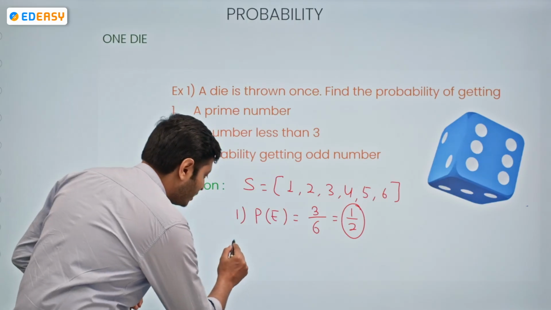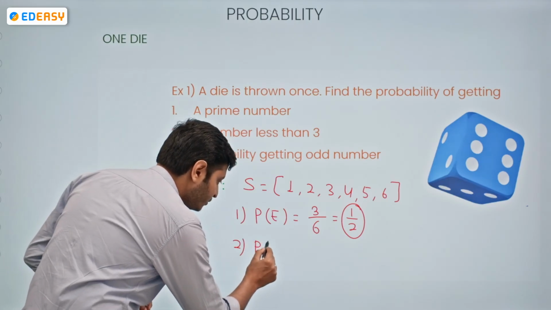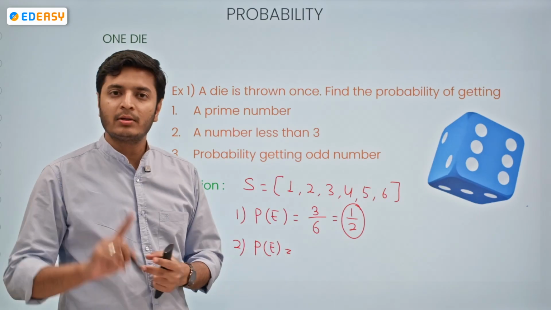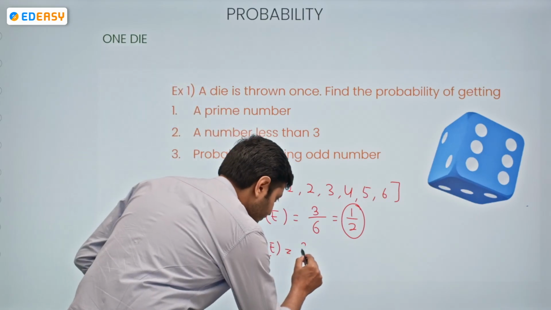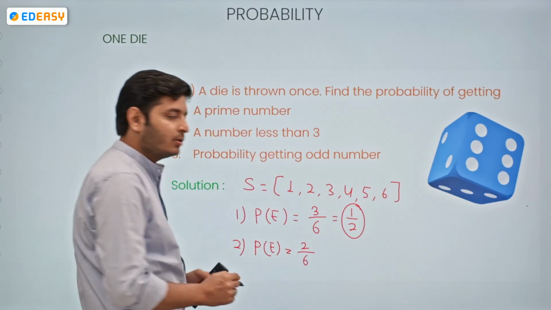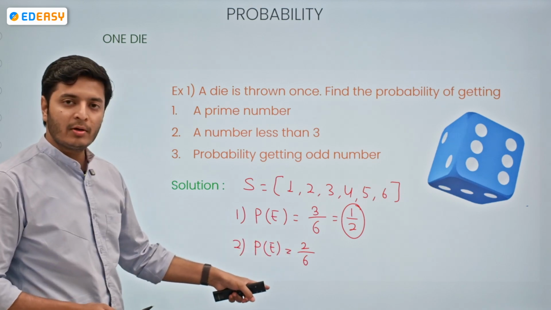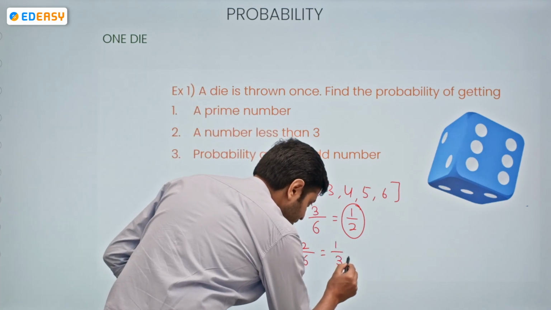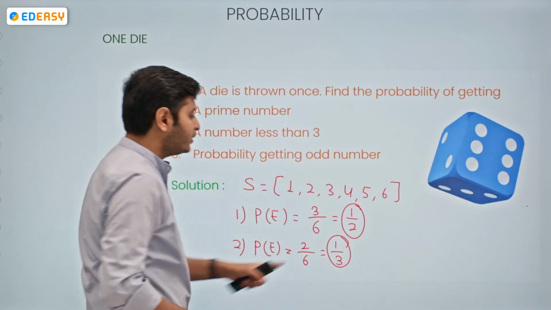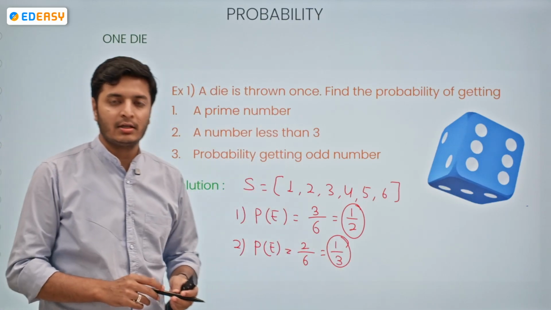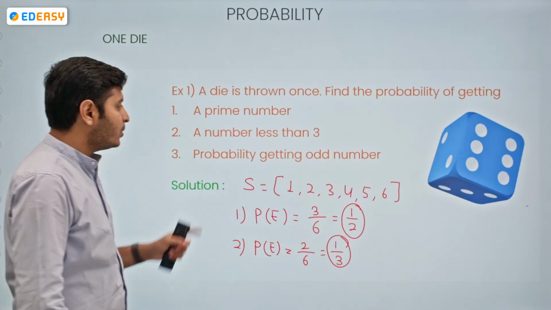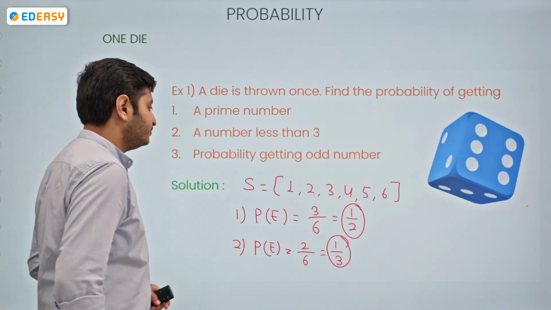So for the second part, the probability of this event is the total number of favorable outcomes, 2, 1 and 2, out of a total of 6 outcomes. Again, there is one common factor, that is 2. So we are going to write it like this. So the answer to the second part is 1 by 3. The third one is the probability of getting an odd number.